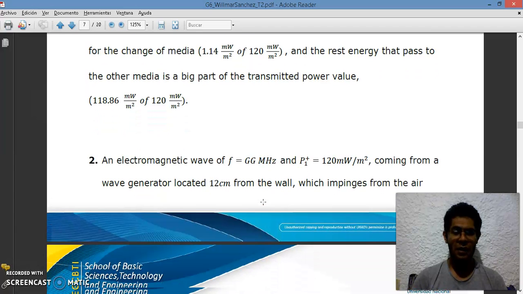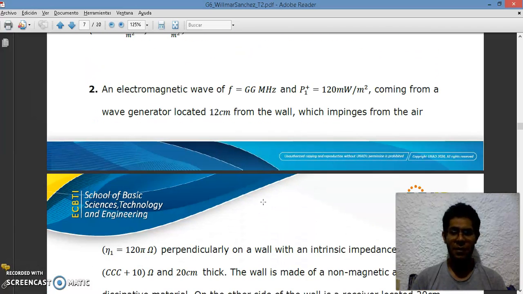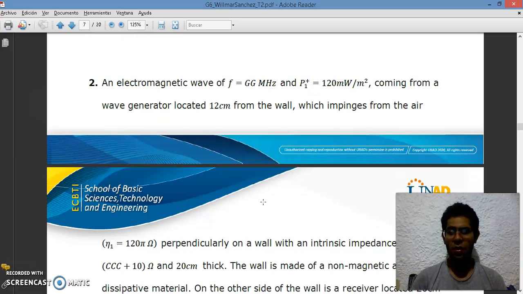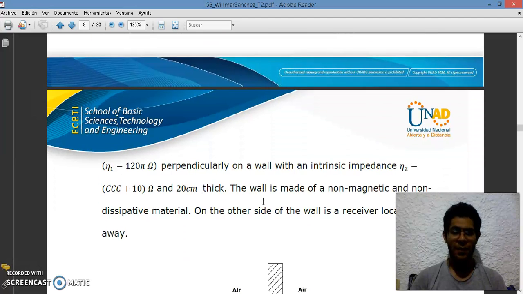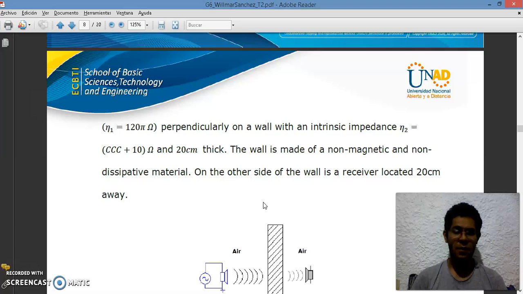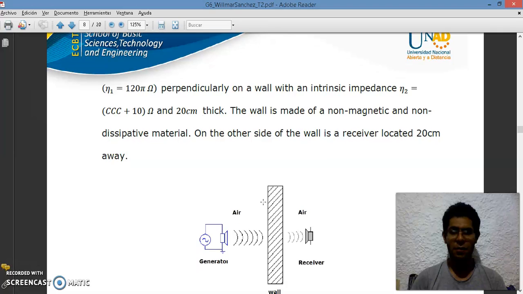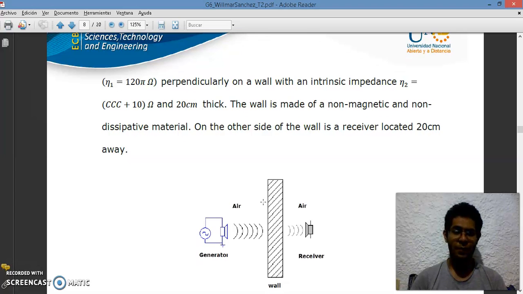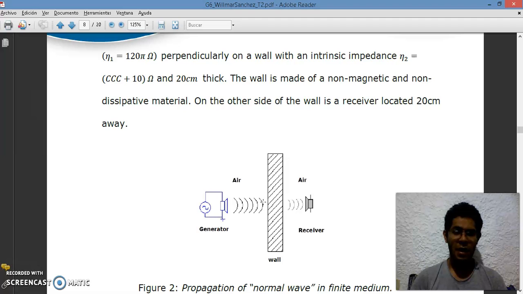Second, an electromagnetic wave of frequency GHz and power 120 coming from a wave generator located 12 centimeters from the wall, which impinges from the air, with eta sub 1 equal to 120 pi ohms, perpendicularly on a wall with an intrinsic impedance eta sub 2 and 20 centimeters thick.